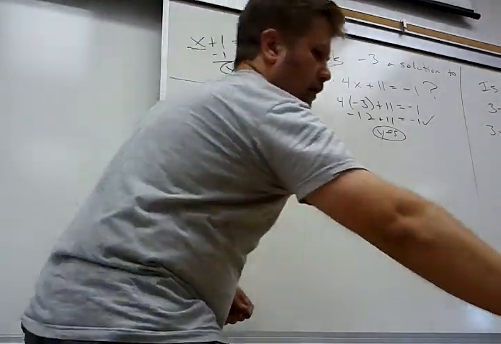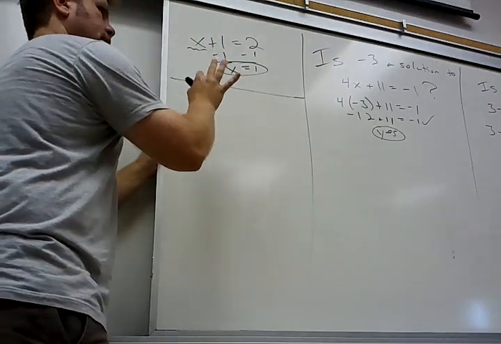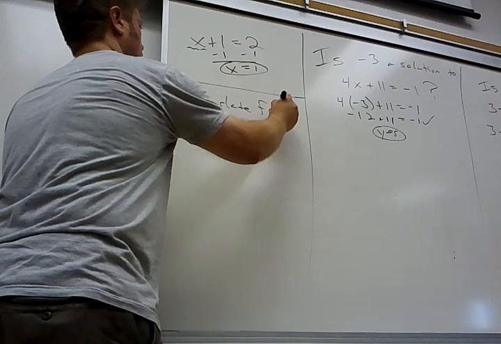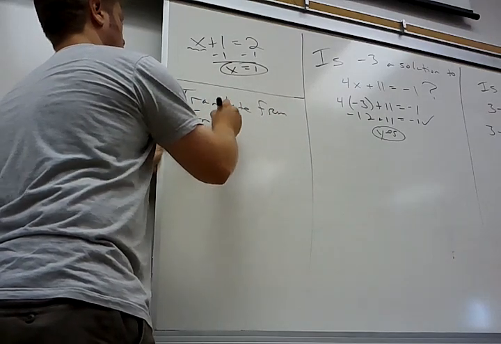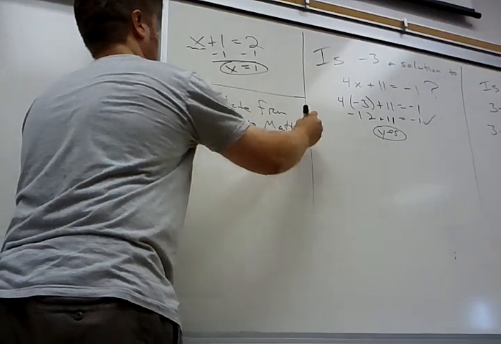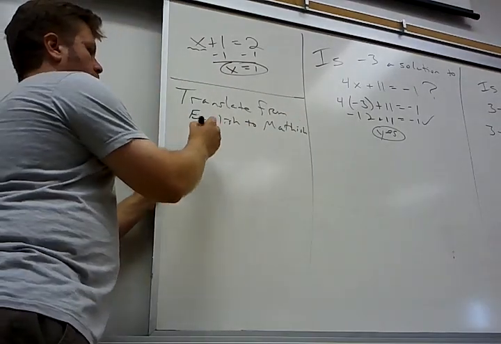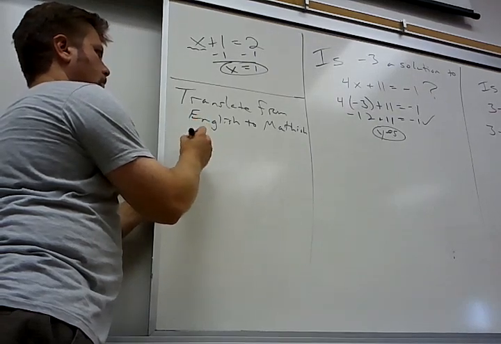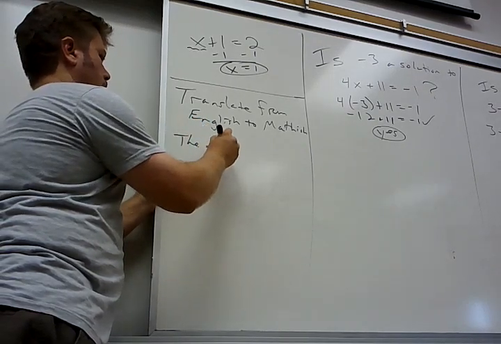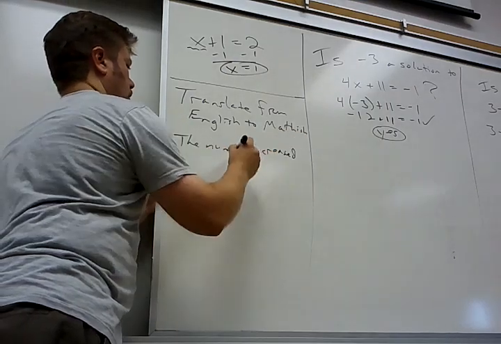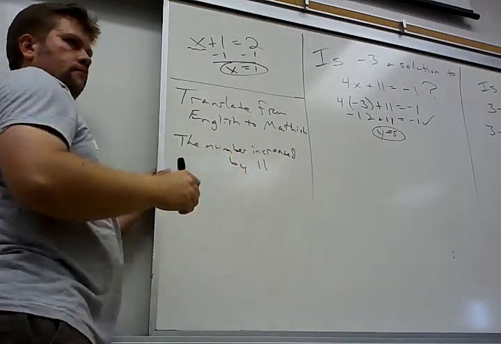So now we're going to try to translate from English to Mathish. So in English I could say, the number increased by 11.